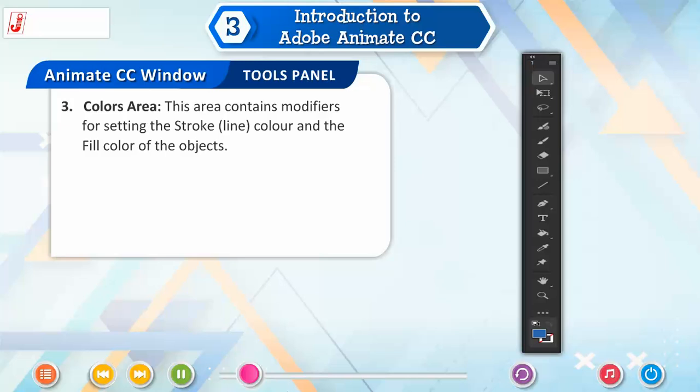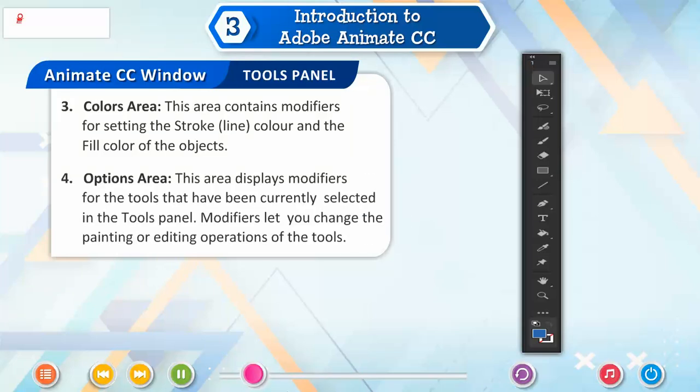This area contains modifiers for setting the stroke, line color, and the fill color of the objects. 4. Options area. This area displays modifiers for the tools that have been currently selected in the Tools panel. Modifiers let you change the painting or editing operations of the tools.